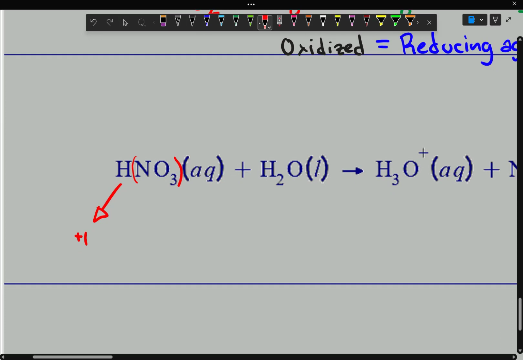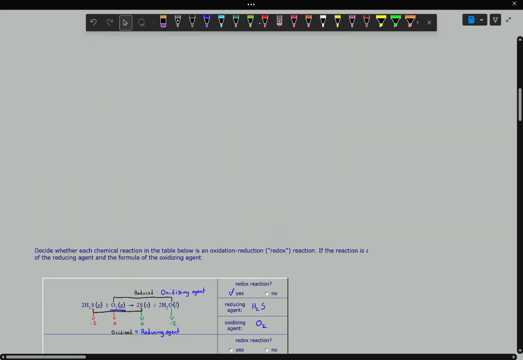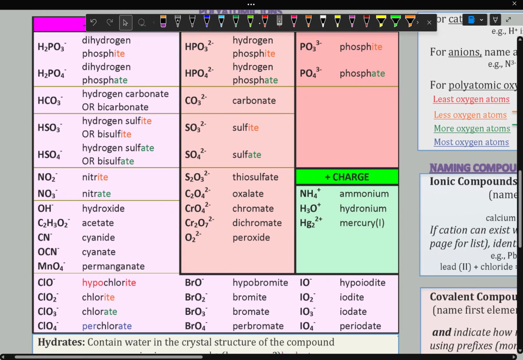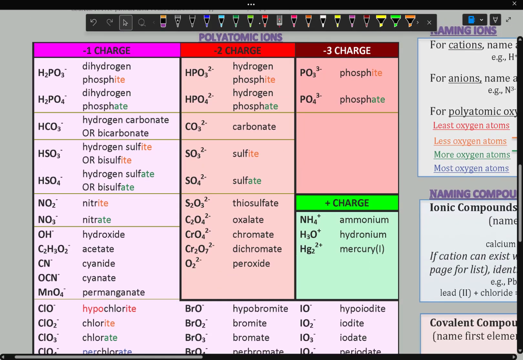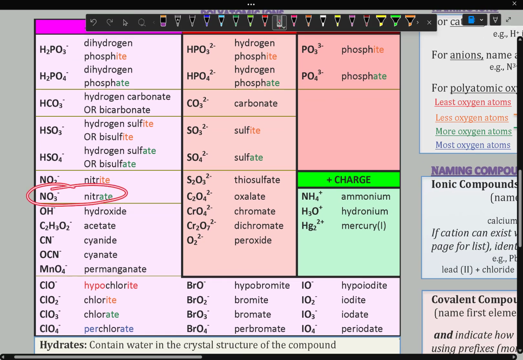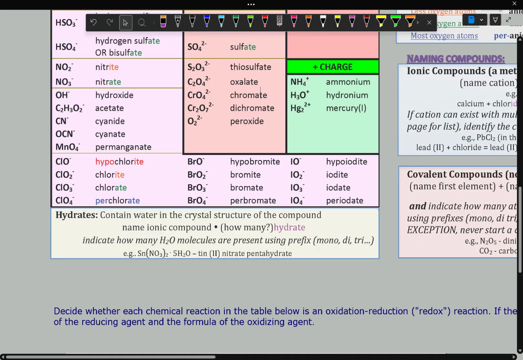So because H has a value of +1, we know that nitrate, even if you can't remember, is going to have a value of -1. And if you want to check, you can always go to your polyatomic ions, and we find that under the -1 charge, we can find nitrate. And it has a -1 there. So just in case you wanted to check, you can refer back to your polyatomic ions.